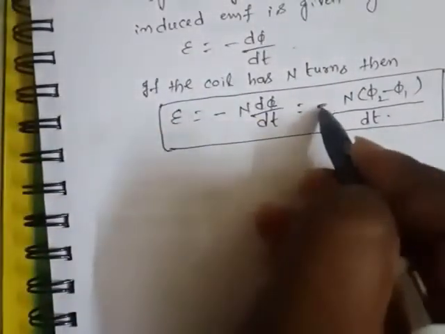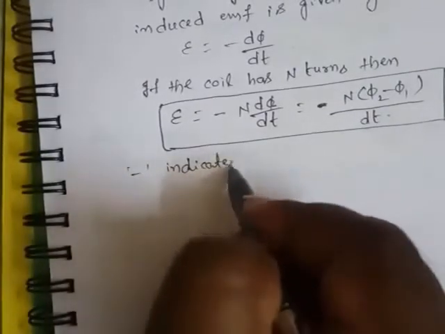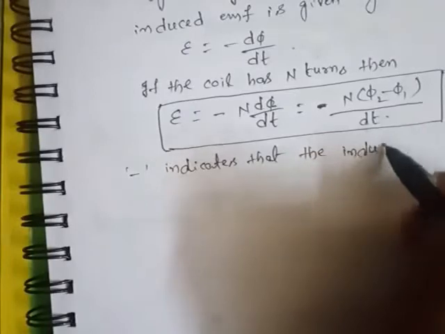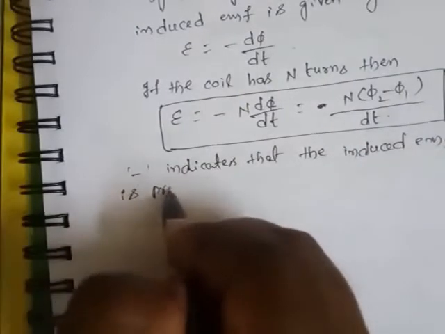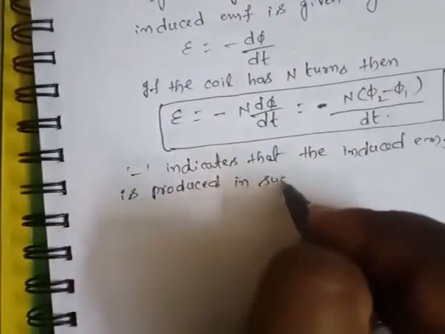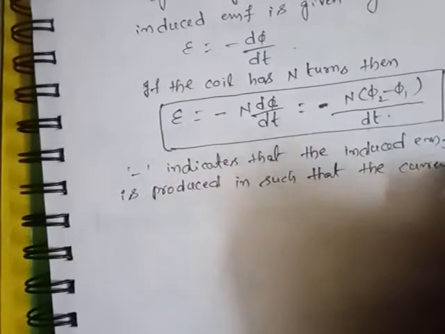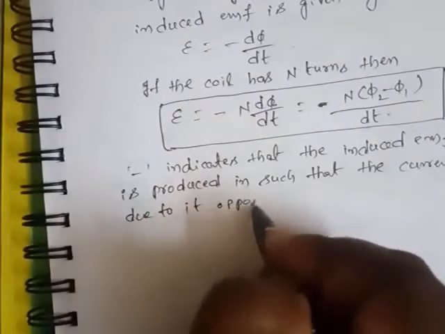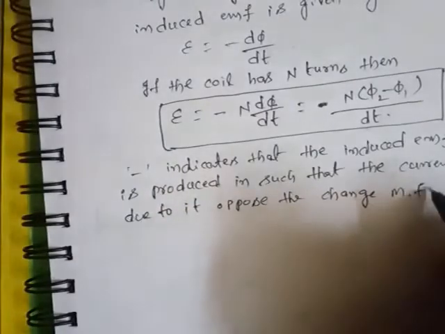And what does this minus indicate? This minus indicates that the induced EMF is produced in such a way that the current due to it opposes the change in magnetic flux.